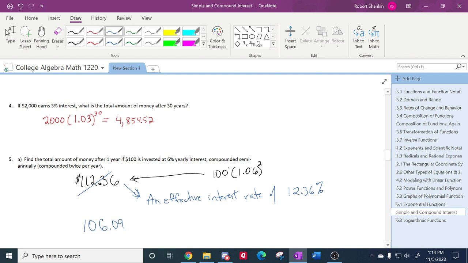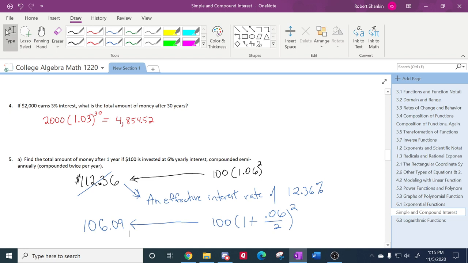So what you do is you say 100 times 1.03, and then you multiply the answer from that times 1.03. Very good. Very good. This is going to be the real answer.